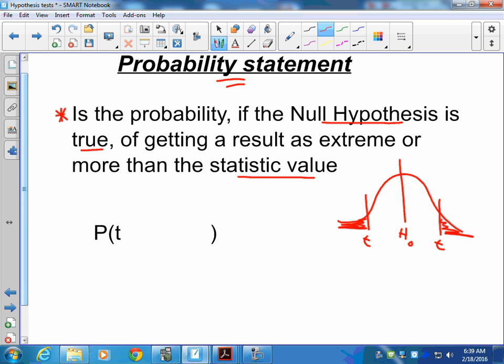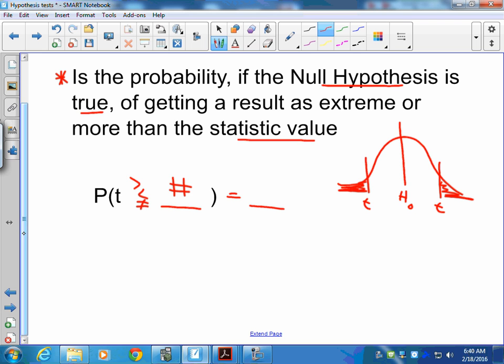So it's just the probability of t being greater than, less than, or not equal to your given t-value that you found, and then we use the calculator to find the answer for us. We don't have to do that by hand. The important part here is you don't want to type in a calculator operation.